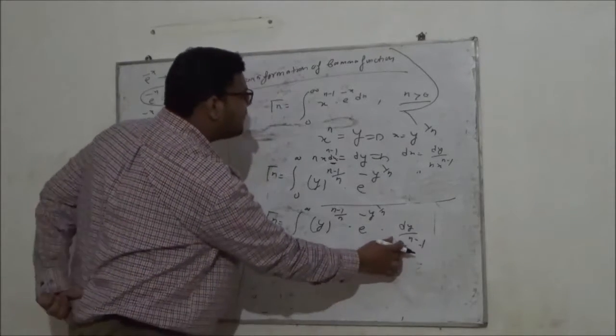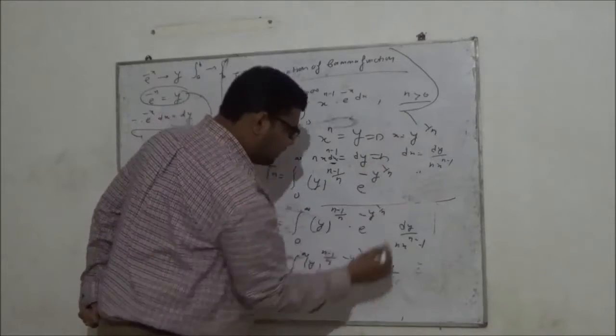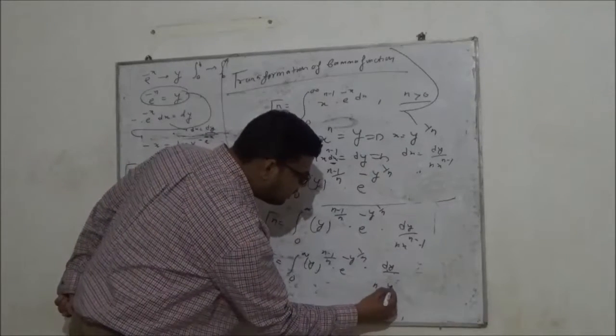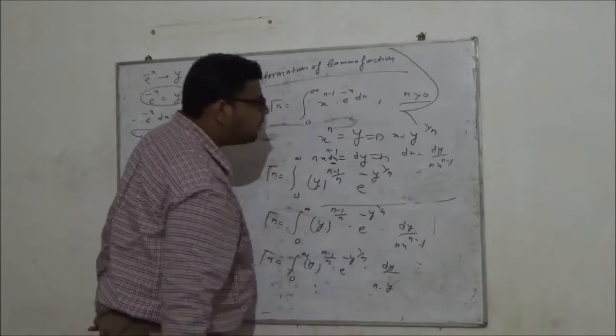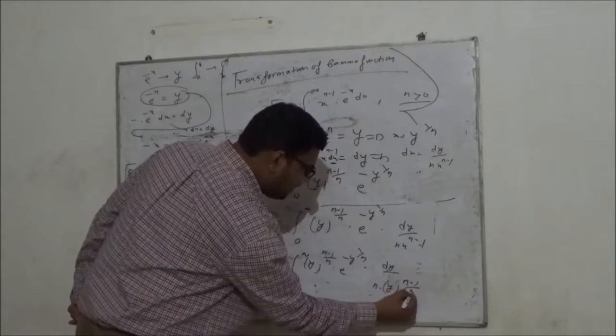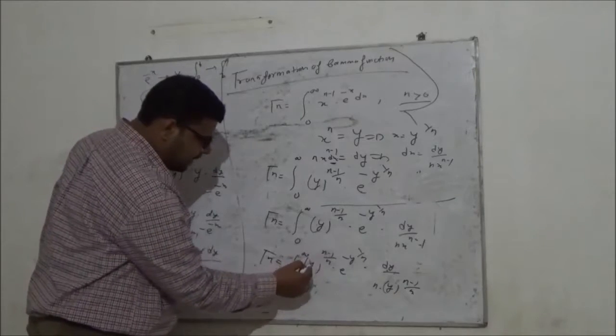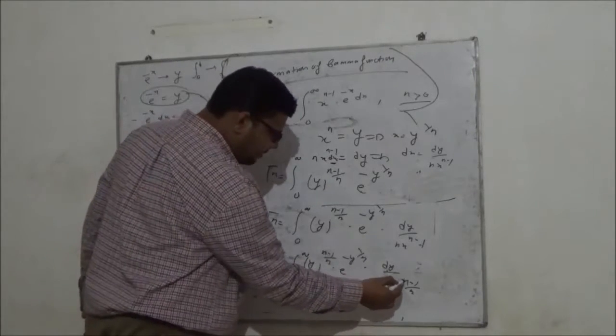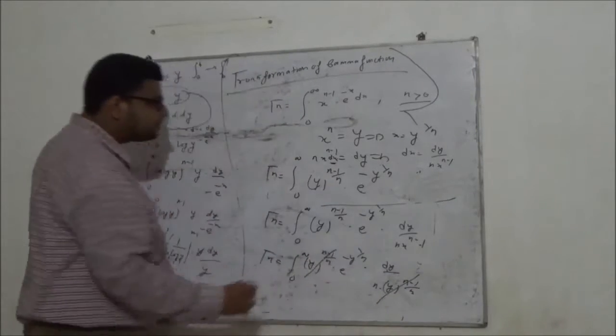So what is the value of x? x has the value y power (n minus 1)/n, so it will become (n minus 1)/n. You can see that y power (n minus 1)/n and (n minus 1)/n will be cancelled here. Okay.